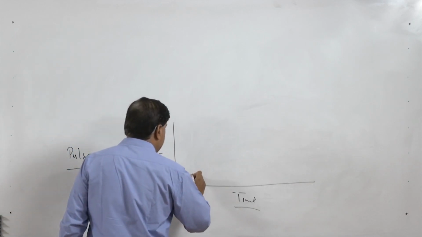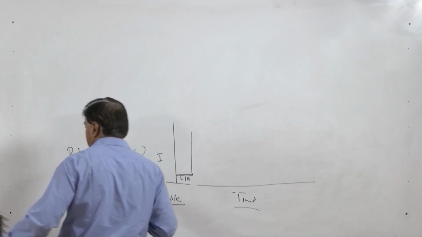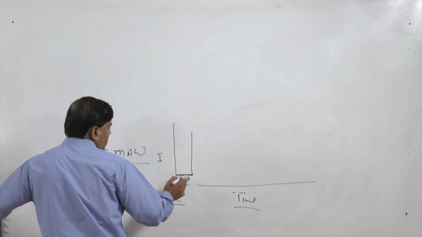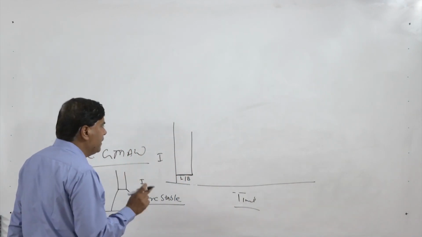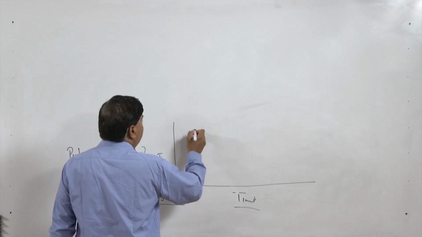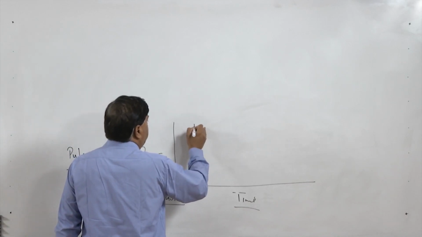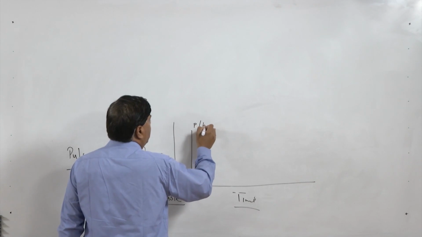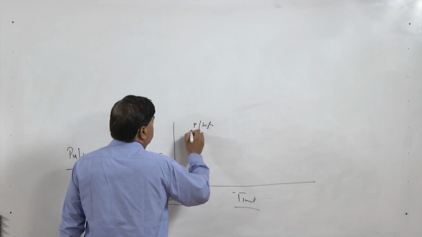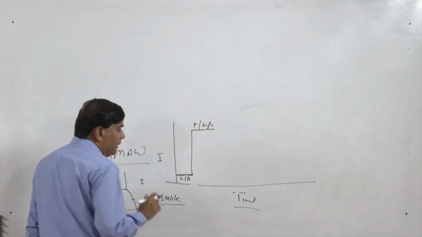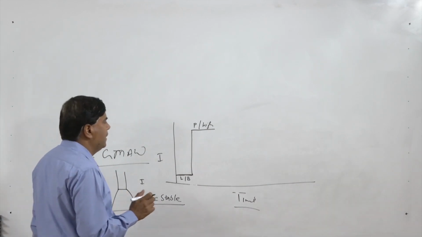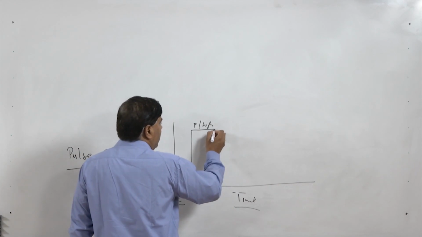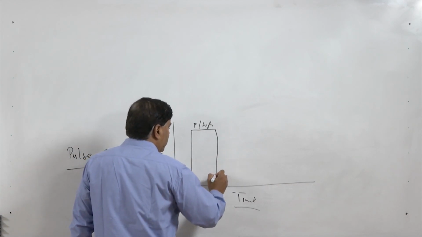Normally, a square wave like this is generated, where after the background current period, the current is increased to the high value. This is called the peak current or the high current value. The peak current will generate the required heat for the melting of the faying surfaces and of the base metal, and then again it is brought to the background current level.